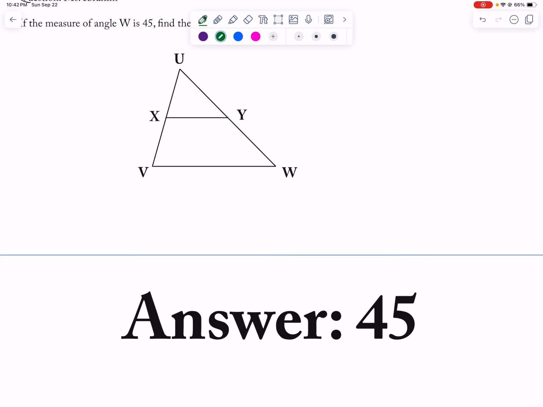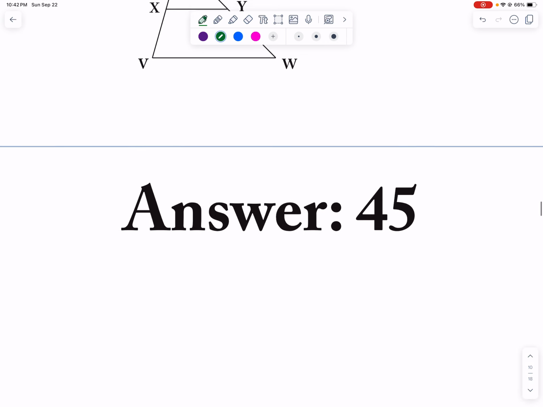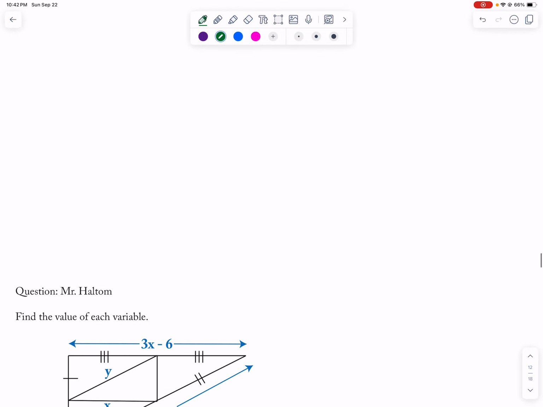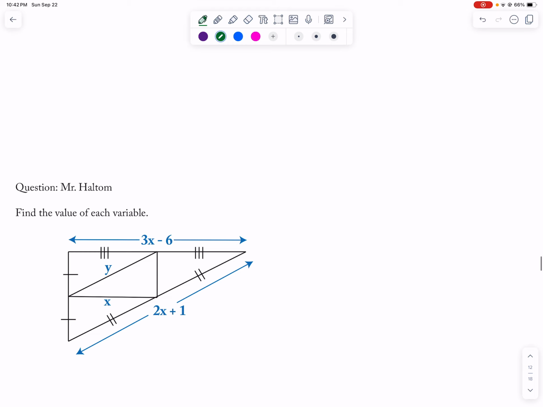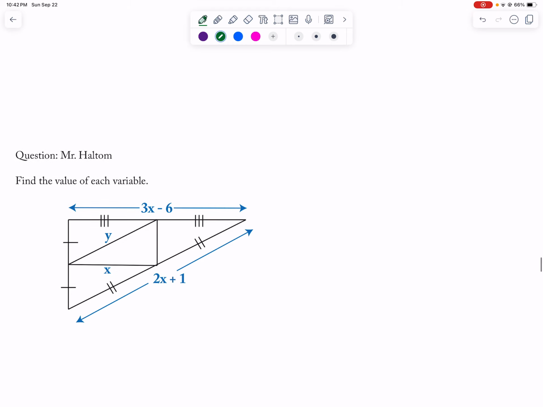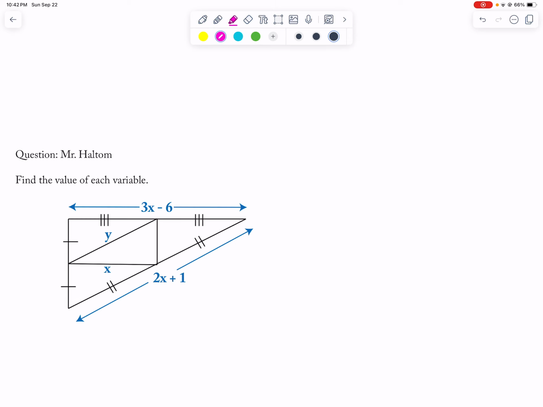Mr. Haltom's was a little bit interesting. Mr. Haltom's requires a little bit more effort. It's a challenging one. Okay, so step 1, I'm going to find x first, because I know that x is half of that side length.